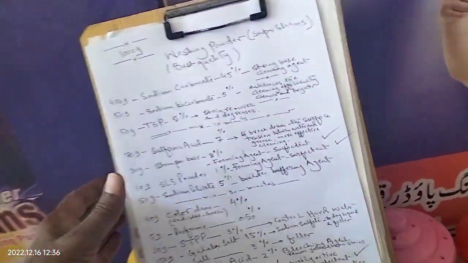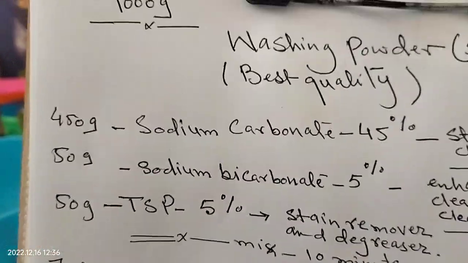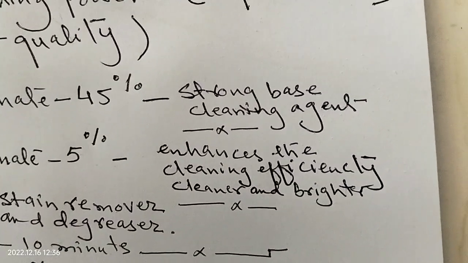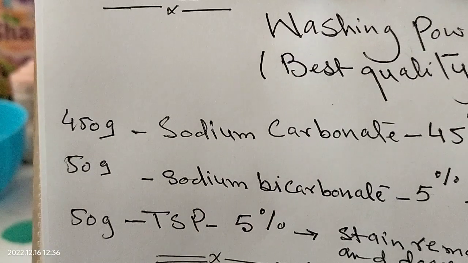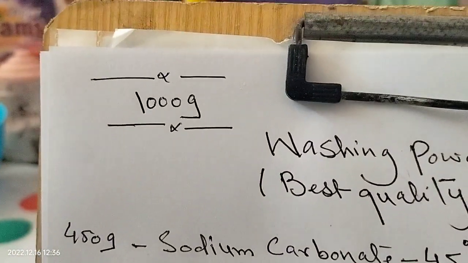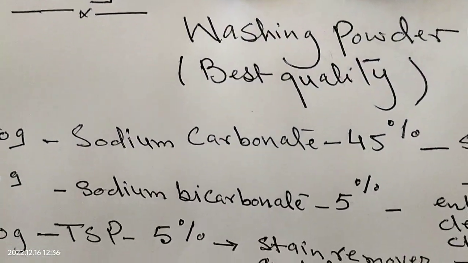My lovely friend, sodium carbonate 45%. It is a strong base cleaning agent. 450 gram. We are making 1 kg washing powder.